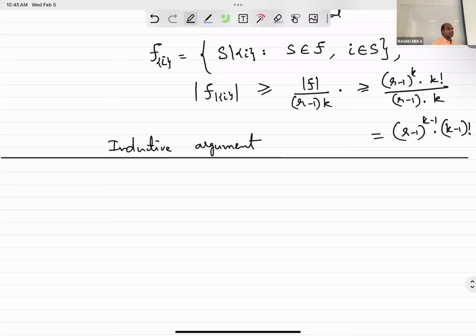Any suggestions? Okay, let me give a hint. Maybe, what if I found a pair of elements?